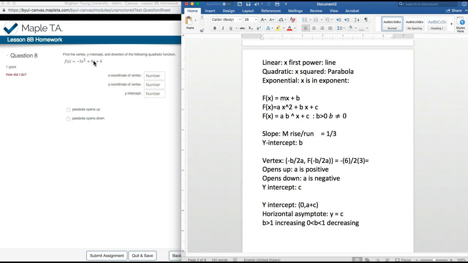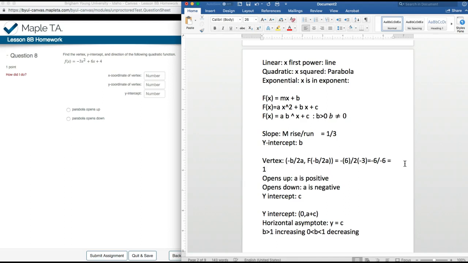Negative b, it's a positive 6, so that's negative, and then positive 6 divided by 2a. Here a is negative 3, so I have negative 6 divided by 2 times negative 3 is negative 6. Negative 6 divided by negative 6 equals a positive 1. So my vertex, the coordinate is 1, comma something. We'll go figure out the next part.